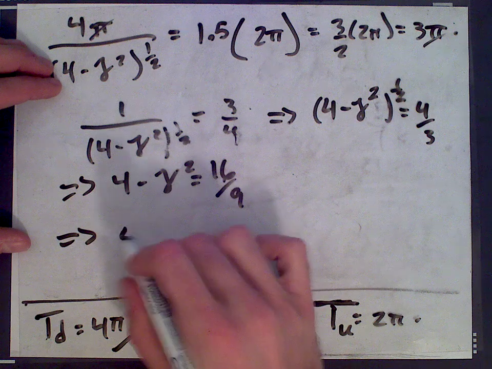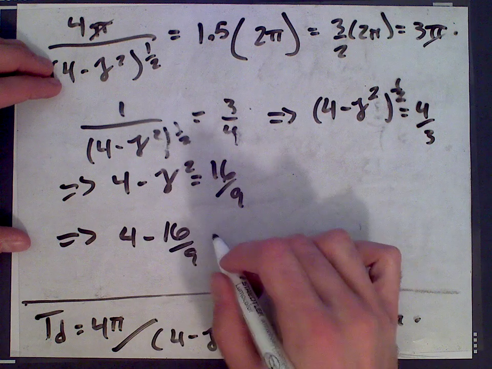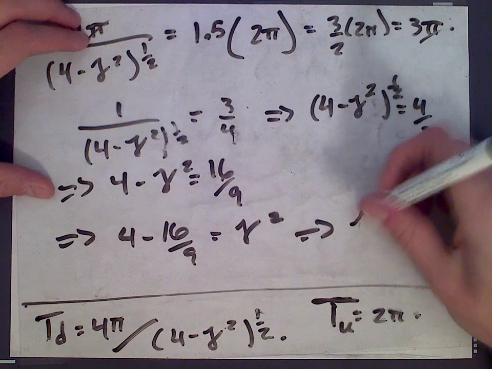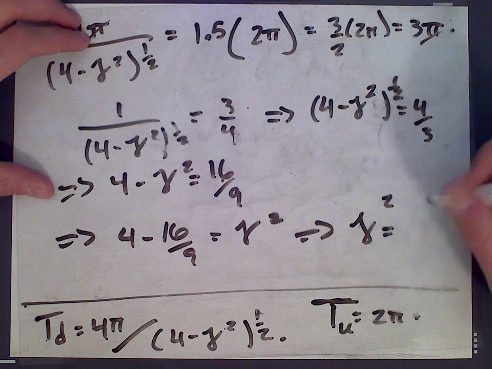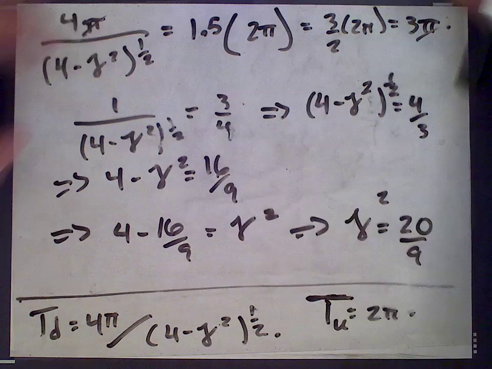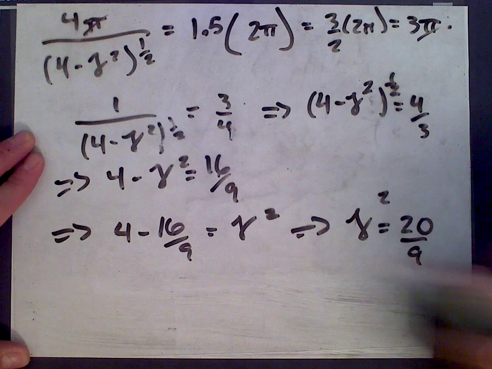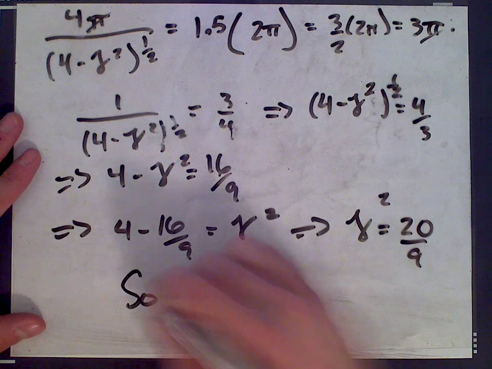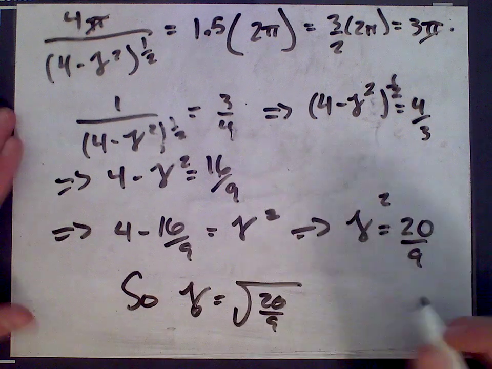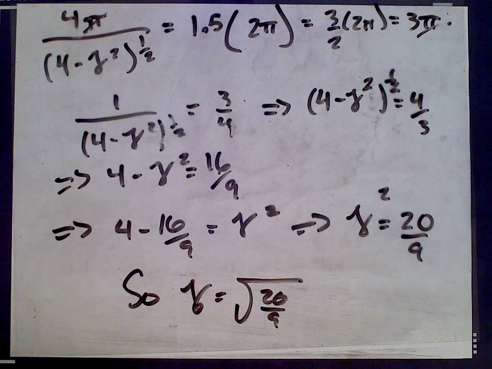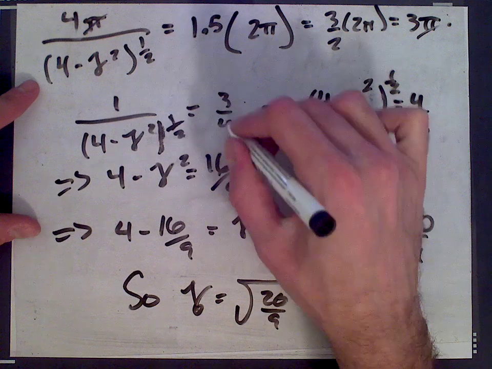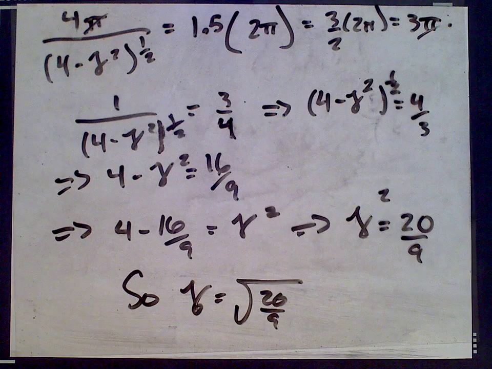Then 4 minus 16 over 9 is gamma squared, and so gamma squared is 36 minus 16, which is 20 over 9. Finally, gamma is the square root of 20 over 9. And that's the solution to this problem about period and quasi-period of a damped or undamped system, as the case may be.